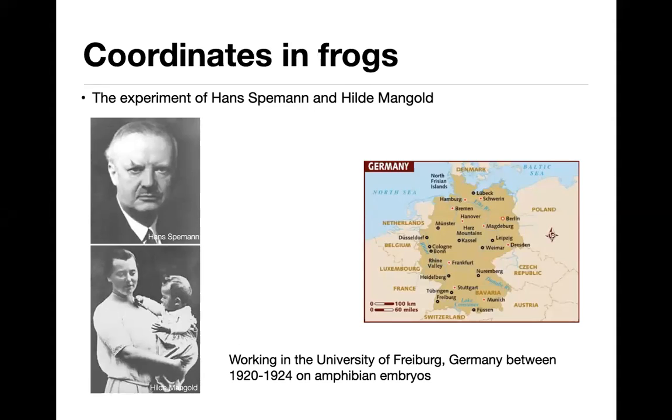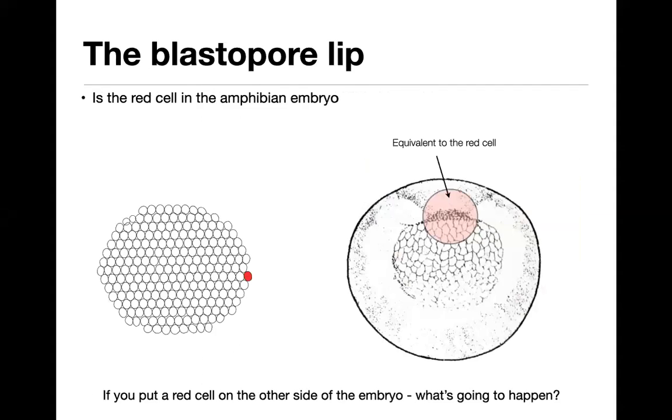Her experiment determined that there are bits of the embryo that have the ability to alter the fates of their surrounding tissue. What she did was to take the equivalent of the red cell in the amphibian embryo and move it. The equivalent of the red cell in the amphibian embryo is this structure here called the dorsal blastopore lip.